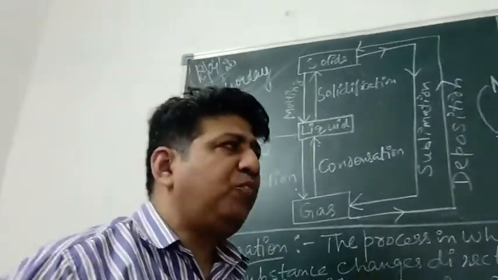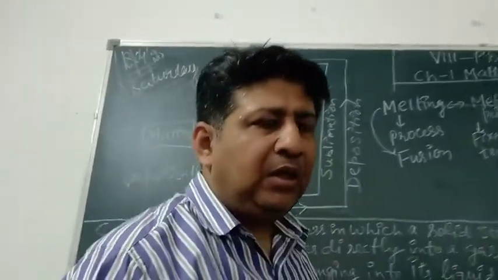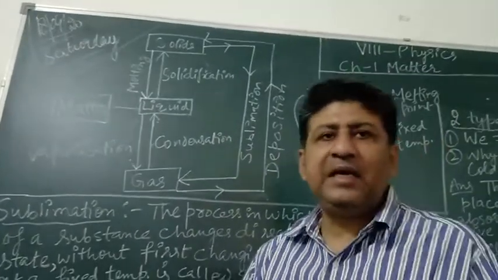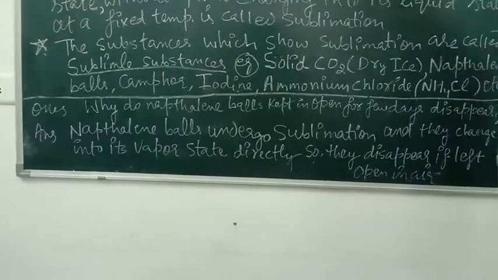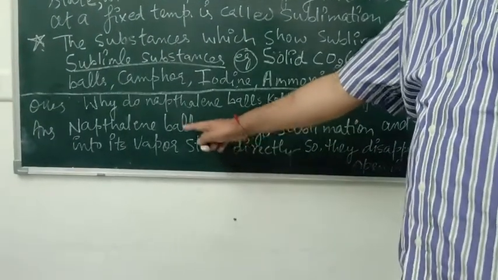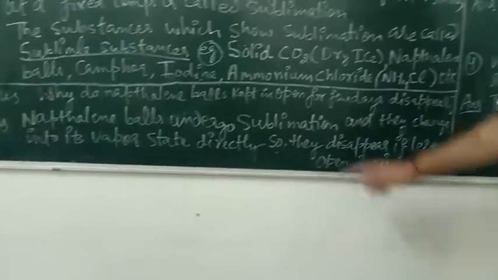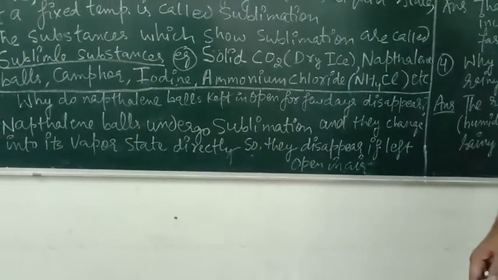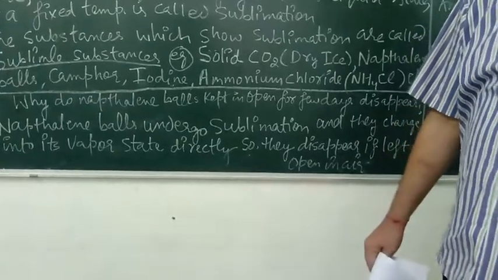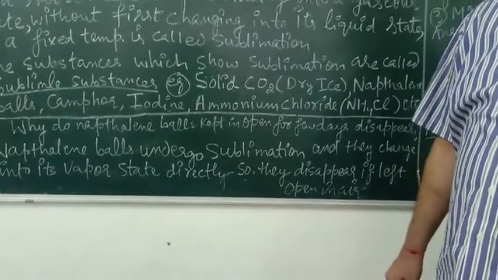You would notice that if we keep some naphthalene balls open in air for a few days, they tend to disappear. Why does that happen? That happens because naphthalene balls undergo sublimation, and they change into their vapor state directly without changing into the liquid state first.